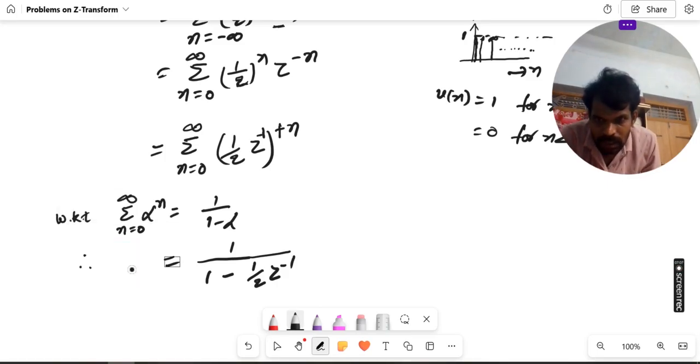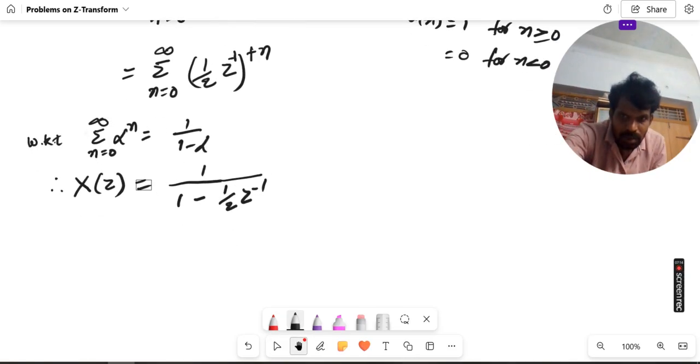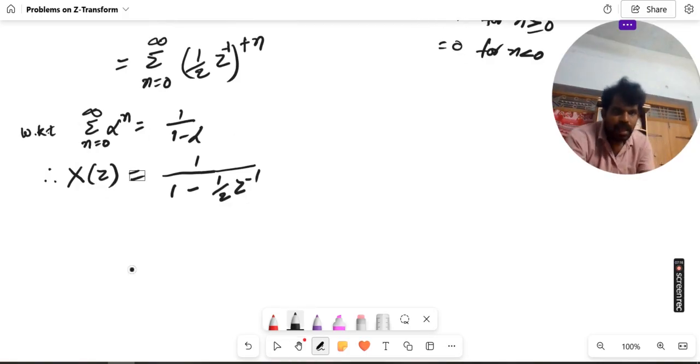It is the Z transform, which is represented by X of z. So from this equation, let us write down the ROC. Here what we have is z inverse, which we can also write as 1 by z.